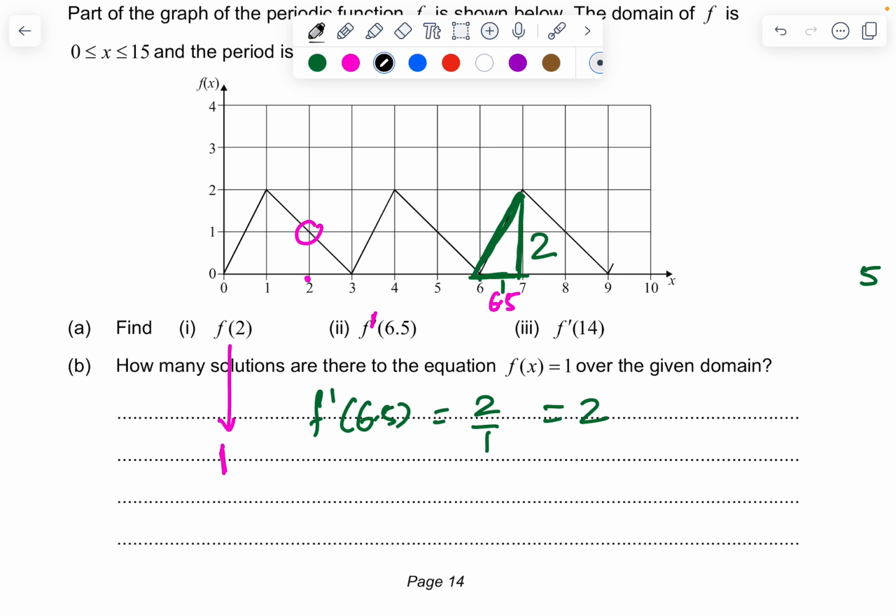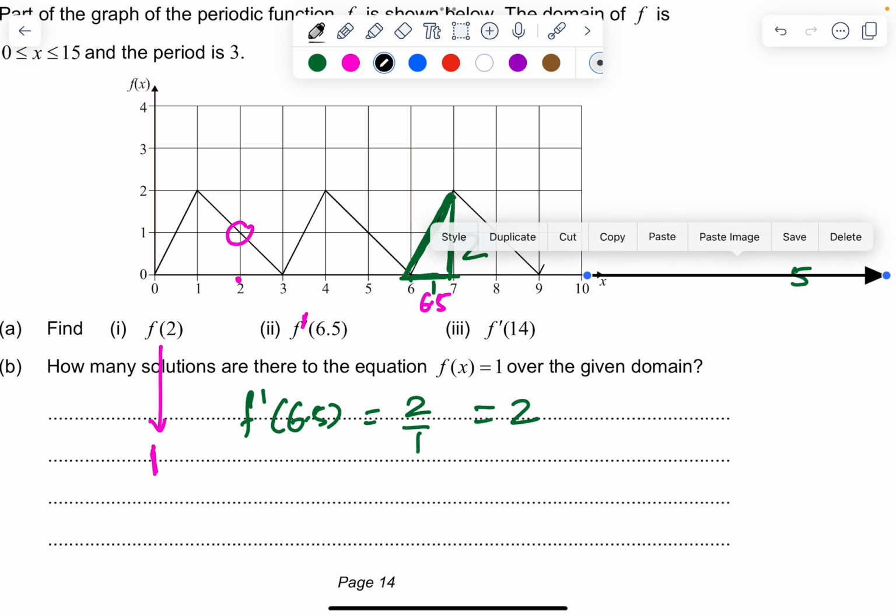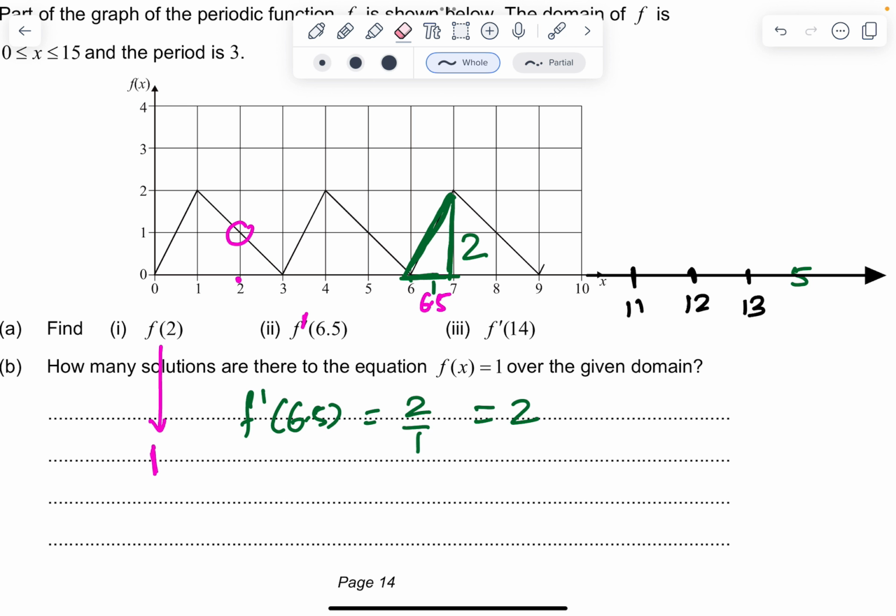Now what am I doing? I am extending this line till 15. 10, 11, 12, 13, then this is 14 and 15. Now extend the graph.